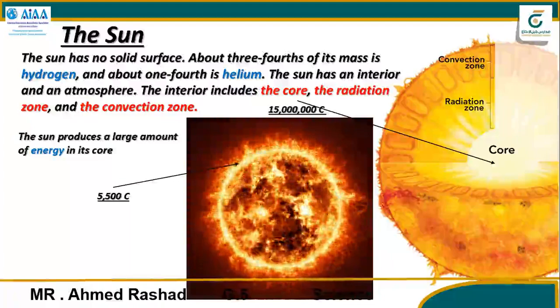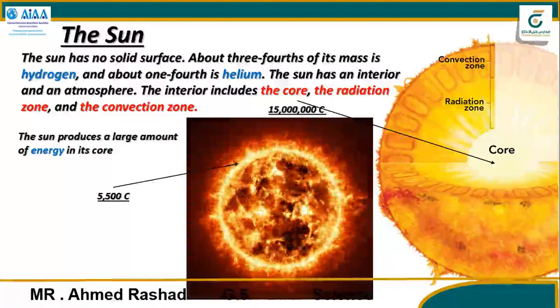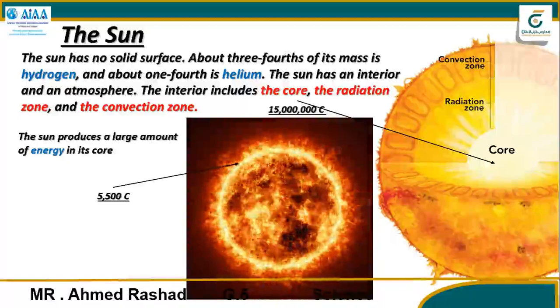But the Sun's surface is 5,500 Celsius. That's a large number.